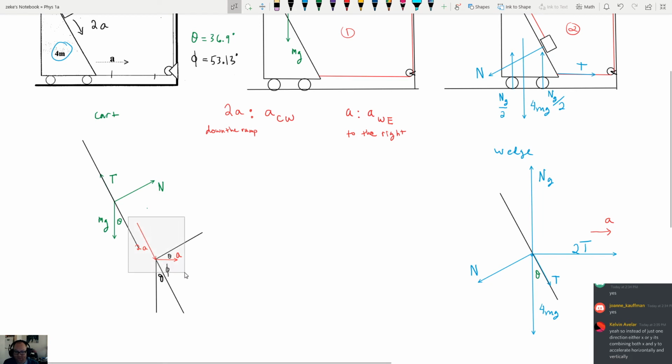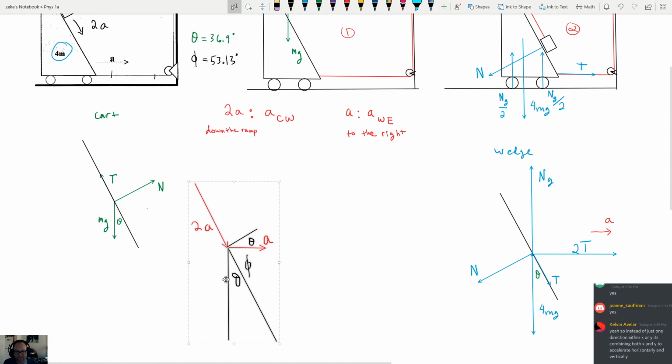Because we need to add these accelerations together. So we'll do that. You know what? I don't need to make this so small. I can make this really large so you can easily see what's going on. So those are our accelerations. Theta, theta.